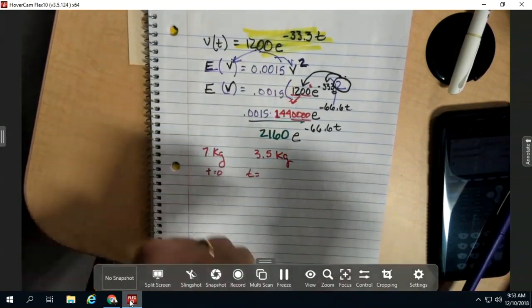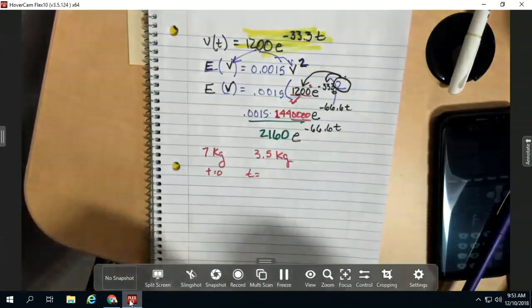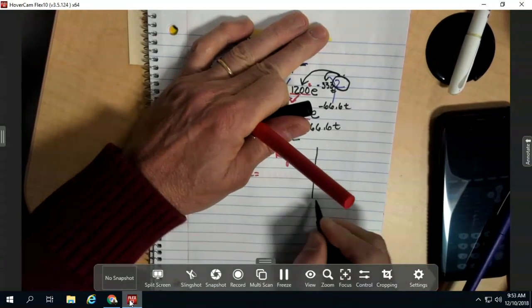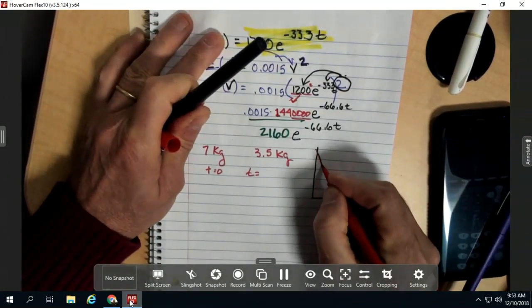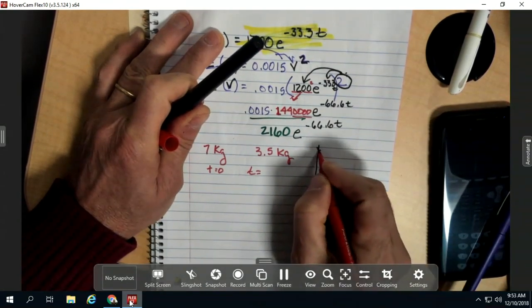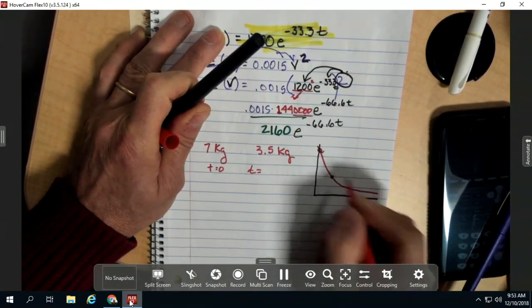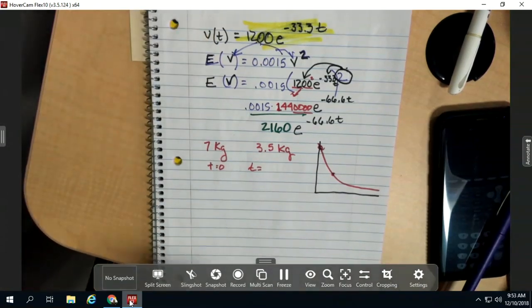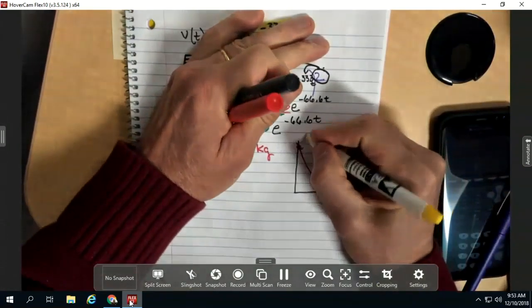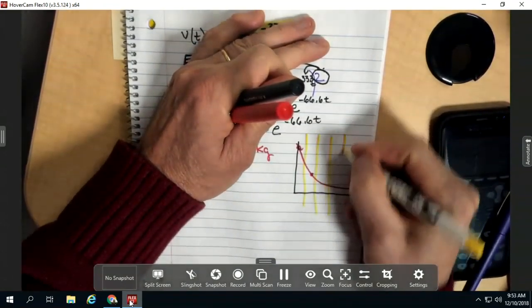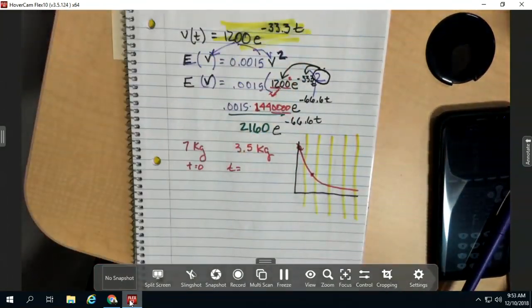If we graphed that function, it would look like this. Correct? Go through 7, it'd go through 3.5. It would go through each one of those things. How do we know from the graph that it's a function?